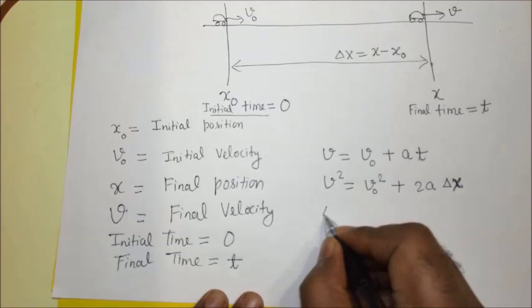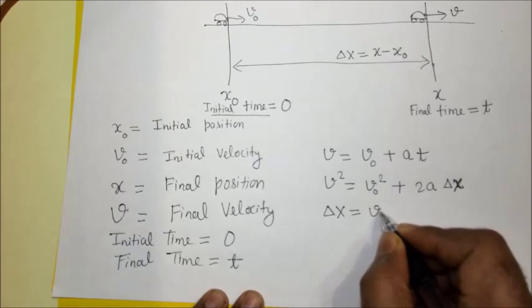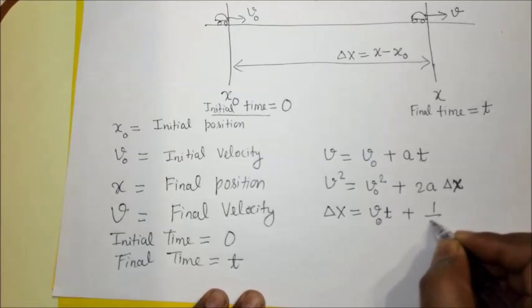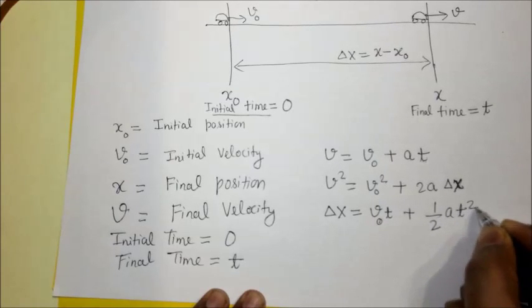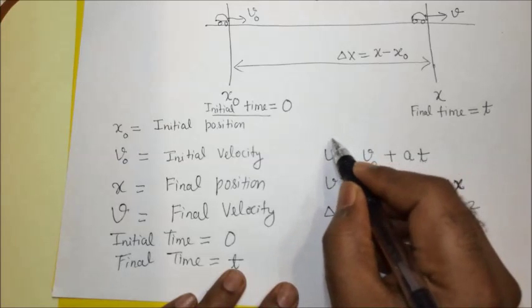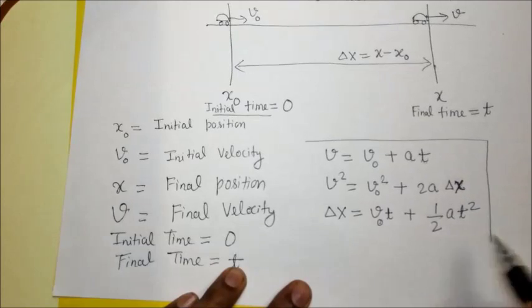And the third equation is delta x is equal to v initial t plus 1/2 a t squared. Okay, there are the three equations.